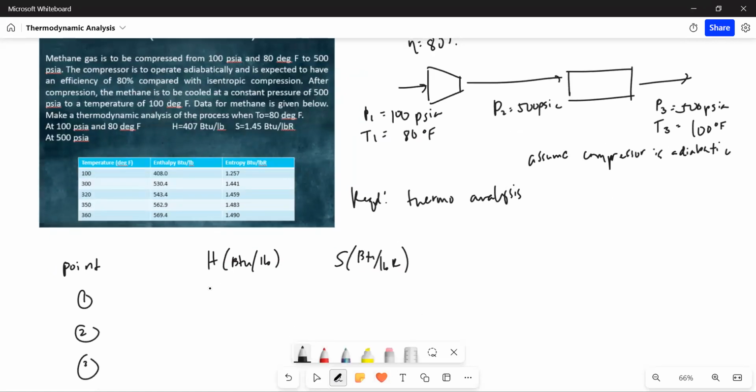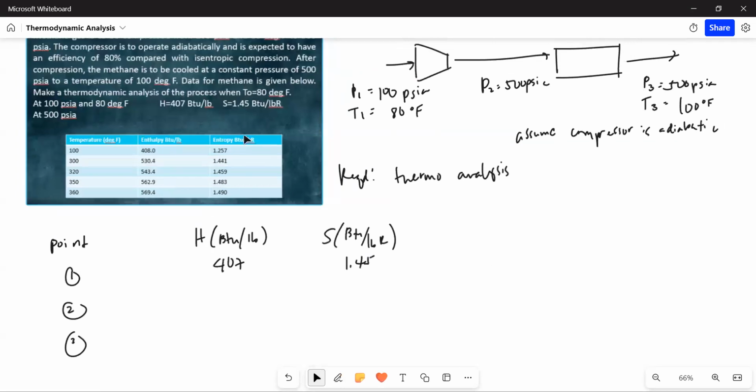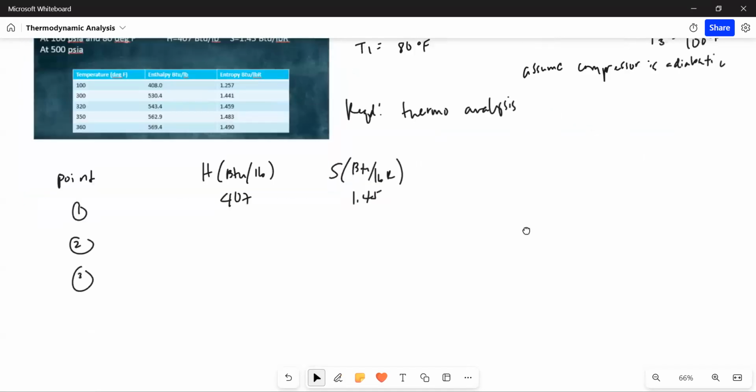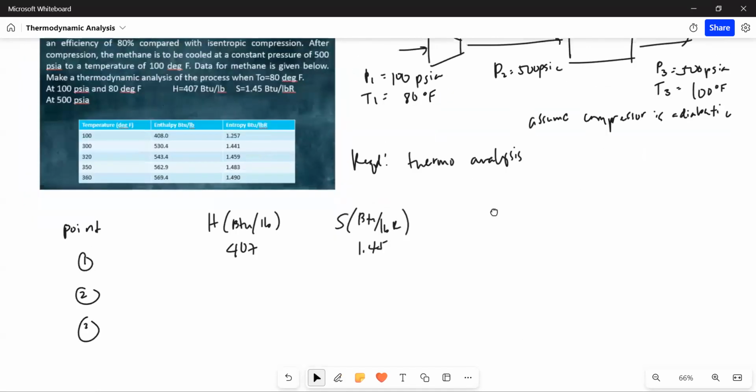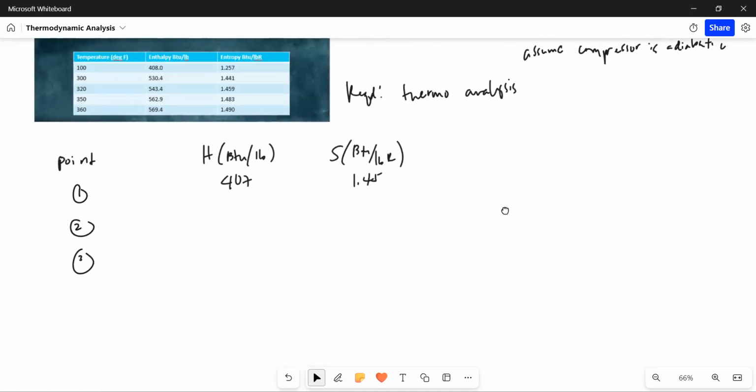So at point 1, P1 and T1, H1 is given, which is 407 BTU per pound. And then S1 is also given at 1.45 here in the problem. So I think I know the reason why the problem gave the values. It's because this is in British units and our tables are in SI units.